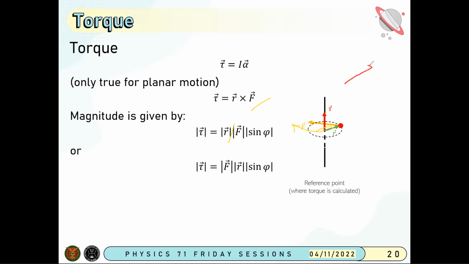Dito na lang. Ito yung R kanina, ito yung R. Ito yung F, di ba, na force. So ngayon yung F, pwede natin i-move here para tail to tail. Nilipat ko lang. And then this will be your phi. Yan yung angle between.